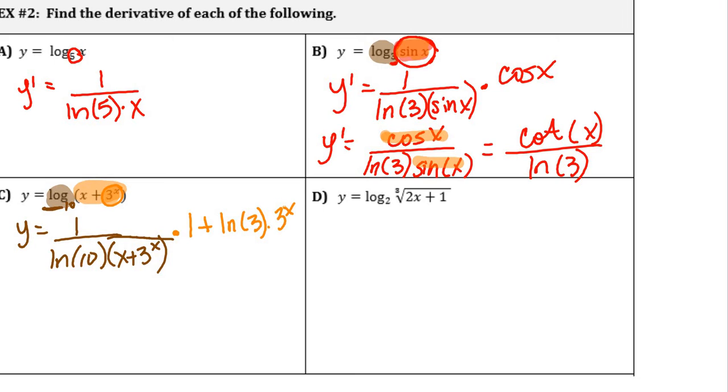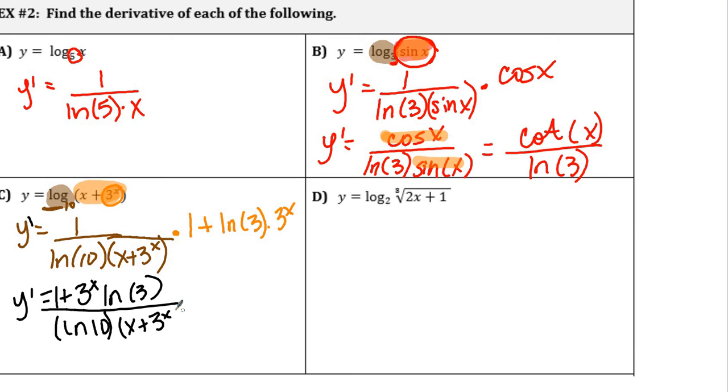So we just did that in the first examples. And then I'm just going to clean that up a little bit. So that's just going to be 1 plus 3 to the x natural log of 3 over the natural log of 10 times x plus 3 to the x power.